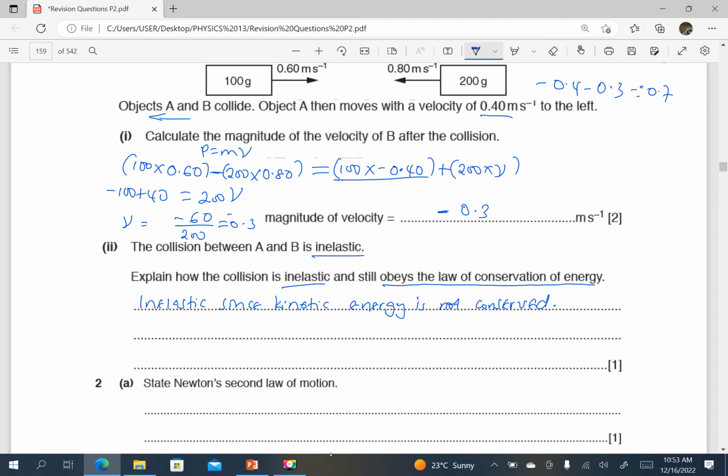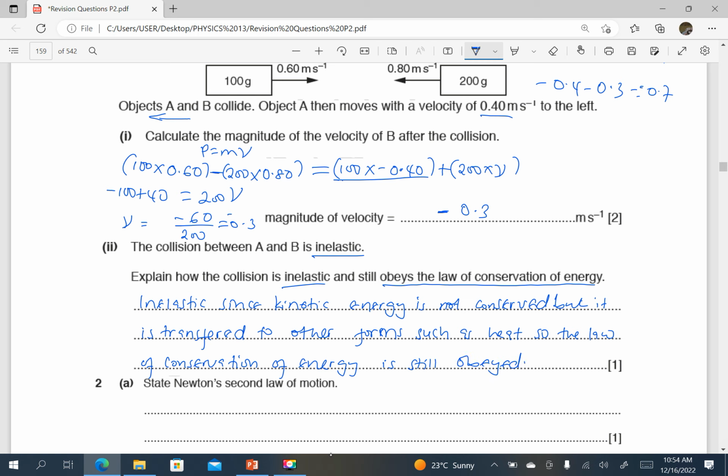So kinetic energy is not conserved, but it is transferred to other forms such as heat. So the law of conservation of energy is still obeyed.